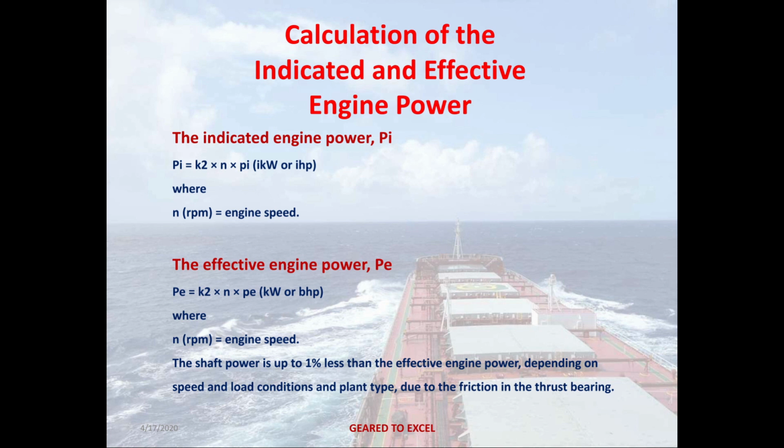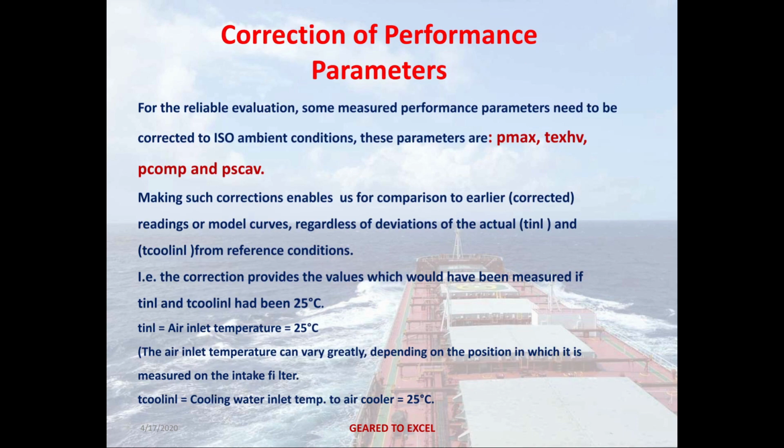For the reliable evaluation, some measured performance parameters need to be corrected to ISO ambient condition. These parameters are maximum pressure, exhaust temperature after valve, compression pressure, and scavenge pressure.